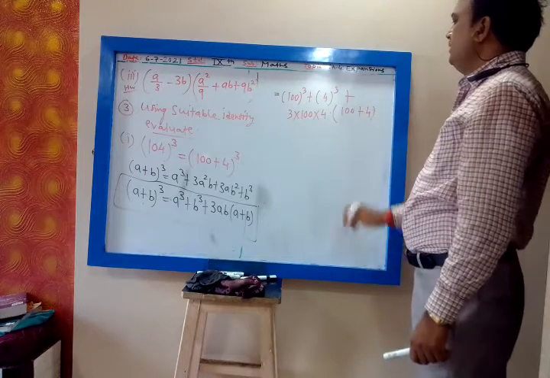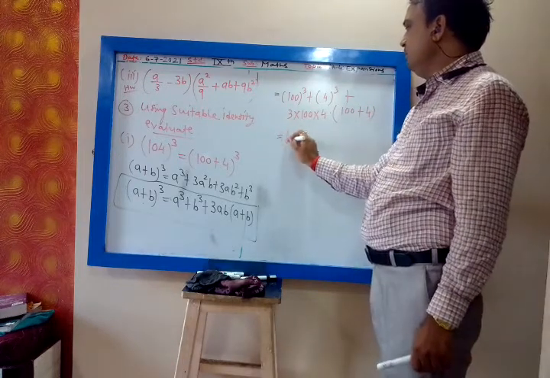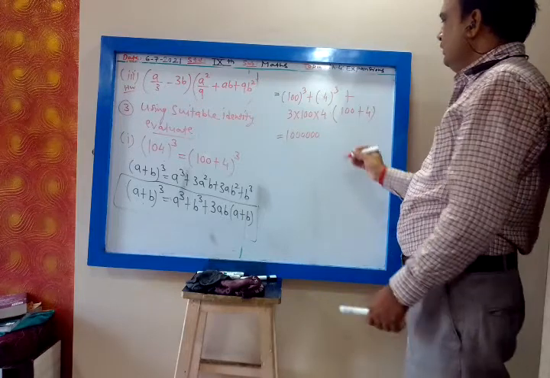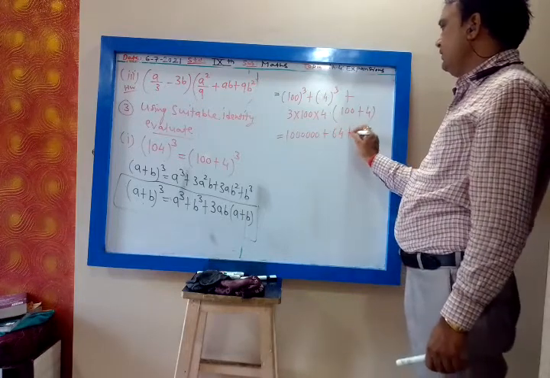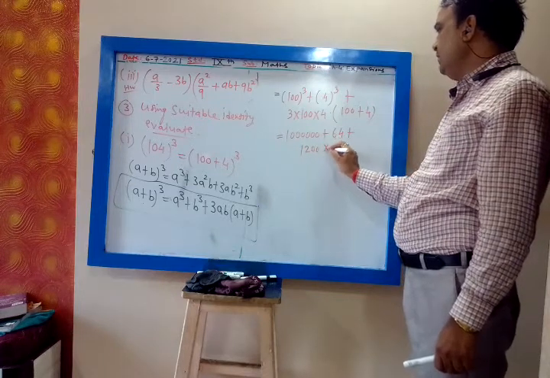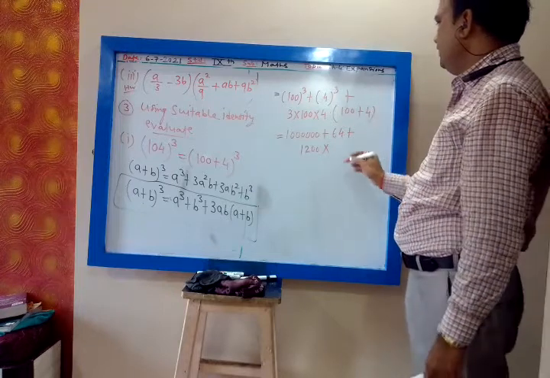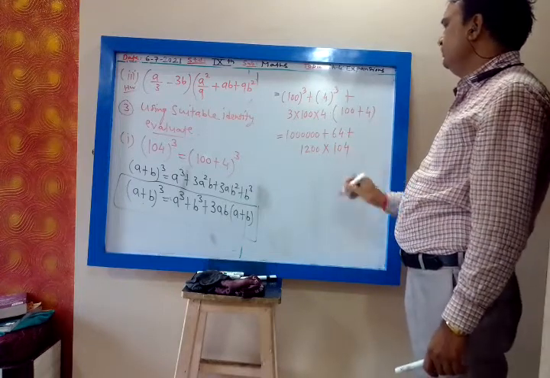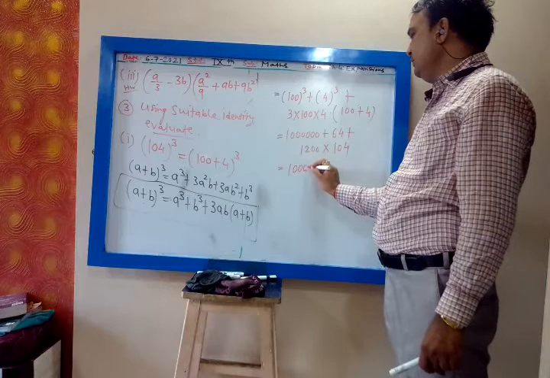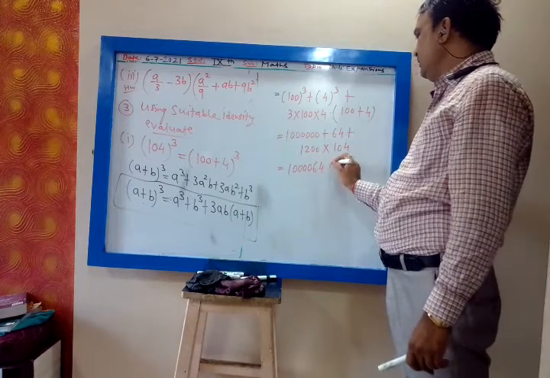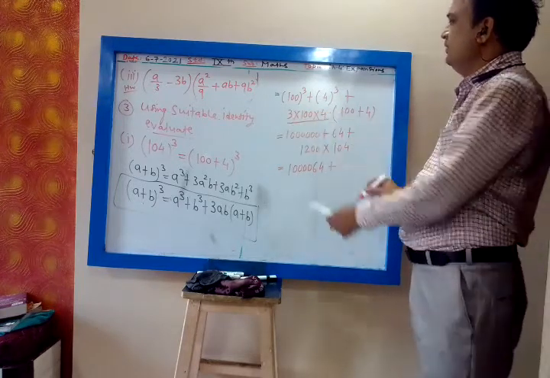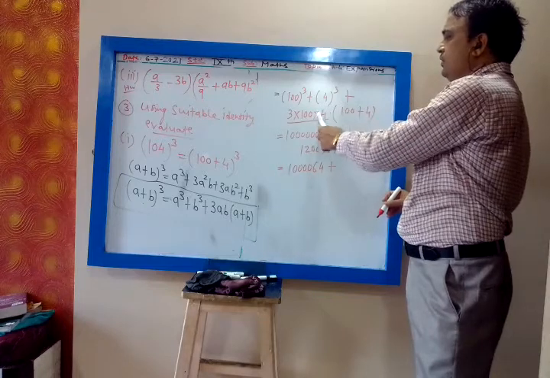Okay. So let us see, 100 cube, 4 cube is 64, plus 1200 into 104. Then simplify, that is 1,000,064. My dear, 3 into 100 into 4: 100 into 3, 300, 300 into 4 is 1200.